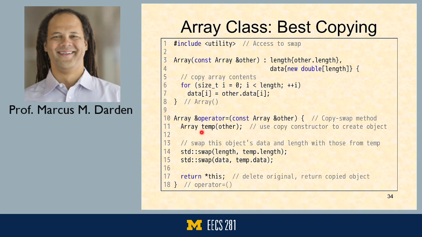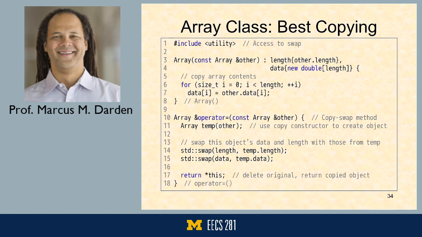So the first line inside the copy swap operator equals is make a temporary copy of other, right? Now temp is a local variable inside operator equals that has a full deep copy of other, right? So if I look at this, the way that I might think of this as happening is here comes other, and I'm trying to set that equal to A, for instance, right?